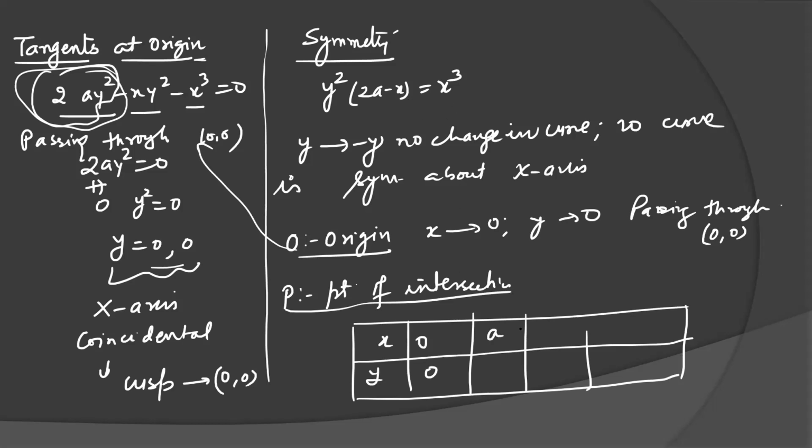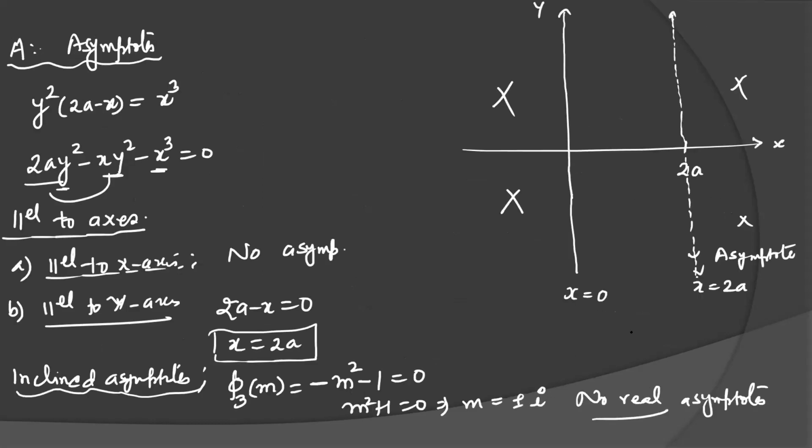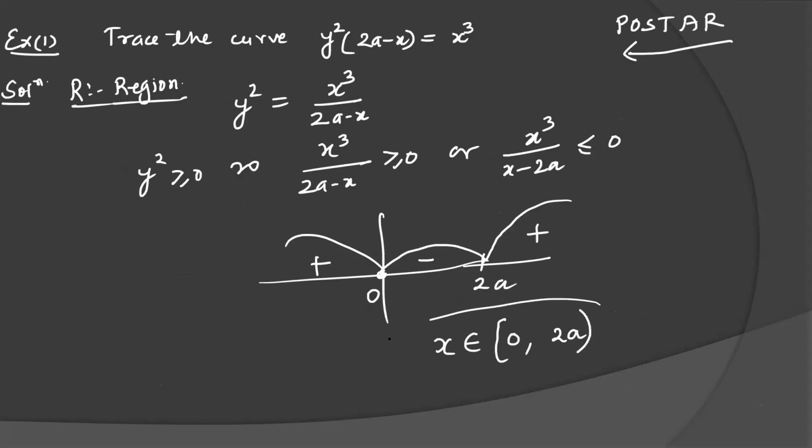If you put x = a, then a² = a³... so y² = a², y = ±a. Can we take x = 3a? We cannot take x = 3a because the domain is actually 0 to 2a. So we have to choose points between 0 and 2a only.